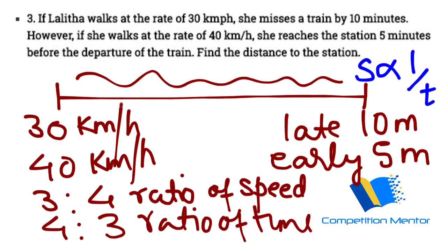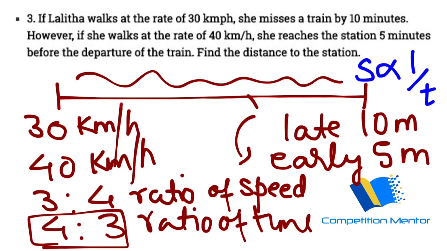Now you can see the difference between the times is actually 15 minutes. It was 5 minutes early and then late by 10 minutes. So the difference between the times is actually 15 minutes, and here the ratio of time is 4:3.